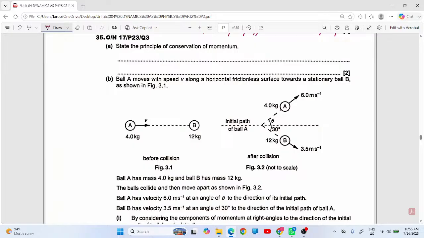ठीक है. Next, question number 35. State the principle of conservation of linear momentum. ये तो हमने बहुत दफा किया है. अब मैं शॉर्ट फॉर्म for an isolated system.